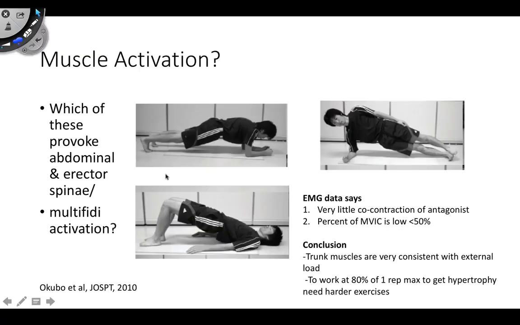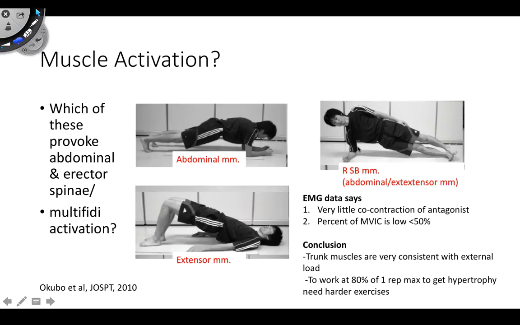Here are some exercises typically given for stabilization of the spine. We can see the planks, where the abdominals are the target in the forward plank, the extensors in the bridge type of plank exercise, and then the side benders, which include both abdominals and extensors in this side bending plank.